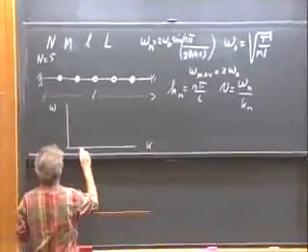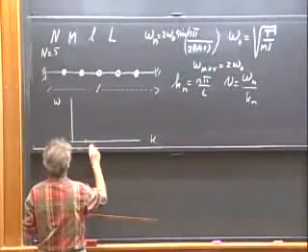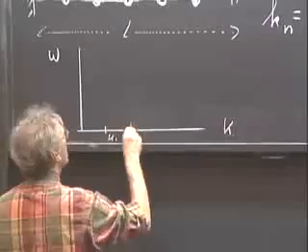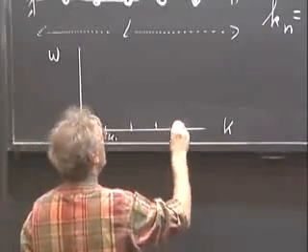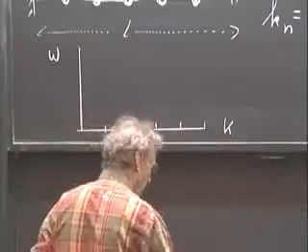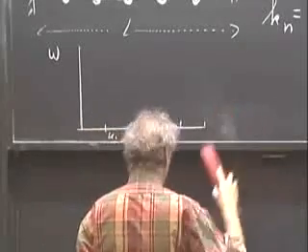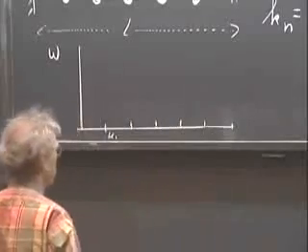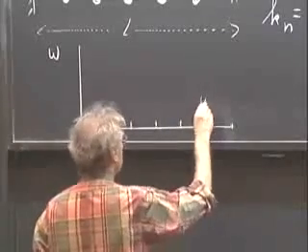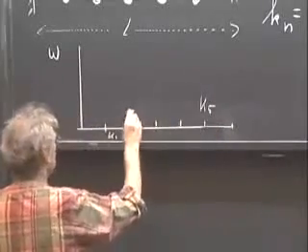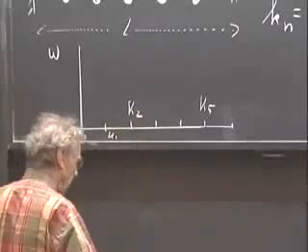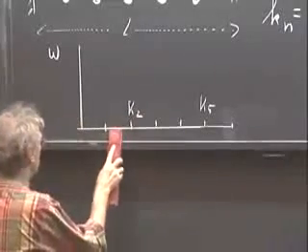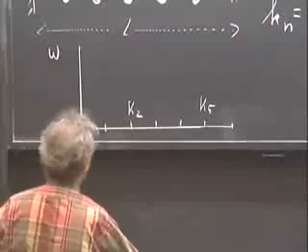So this is k1, this is k2, k3, k4, k5. And then here is the end of the string. So this value here is k5, and this value here is k2. Those are those normal mode solutions.